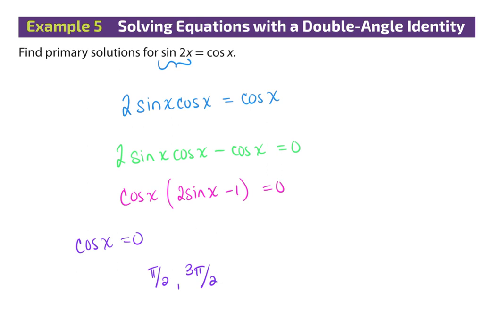Setting this equal to 0 is where is your sine equal to 1/2? Well, that's my 30-degree angles in the first and second quadrant. And so that's going to give me pi over 6 in the first quadrant, 5 pi over 6 in the second quadrant. And I've now solved that, whereas before I wouldn't be able to, right? And so you can plug these in to solve.